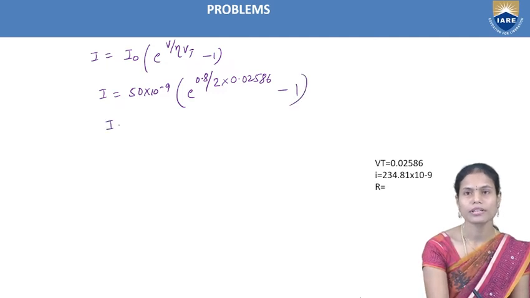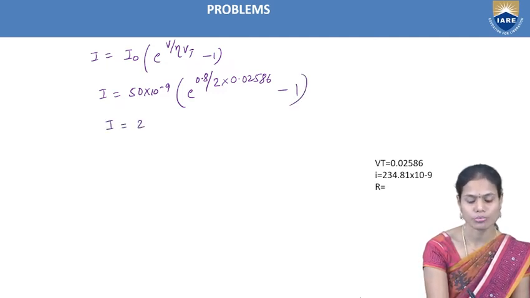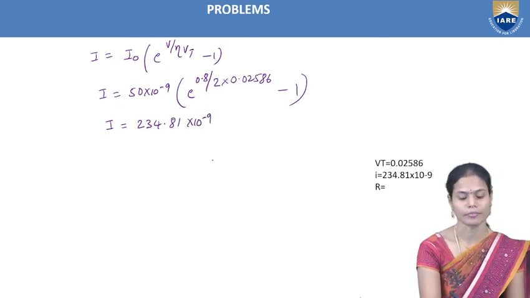If we simplify this one, we'll get 234.81 into 10 power minus 9.